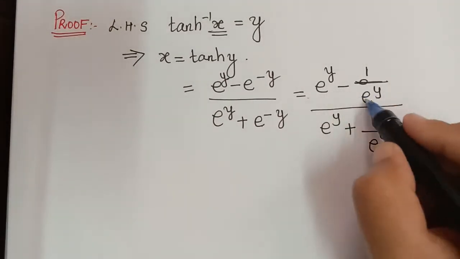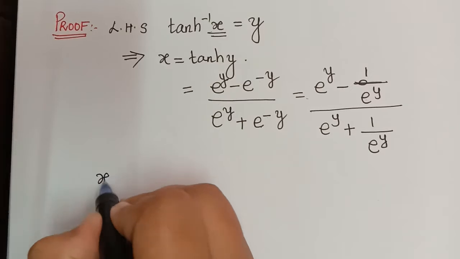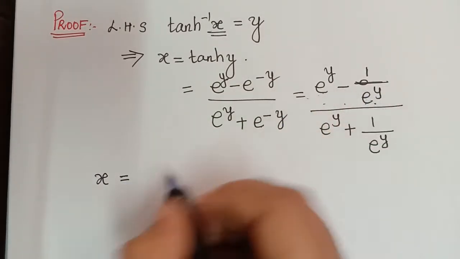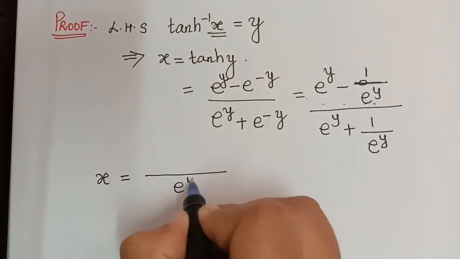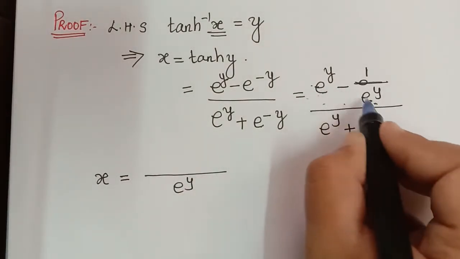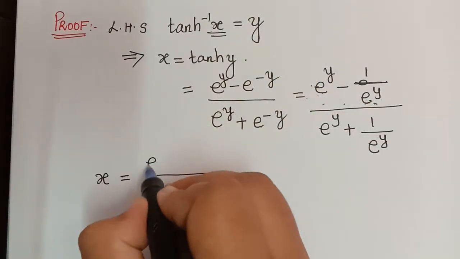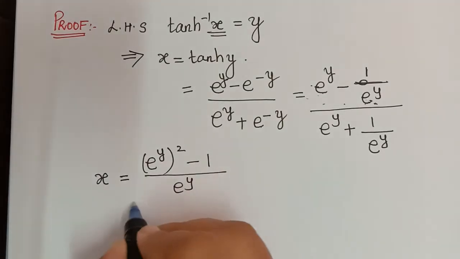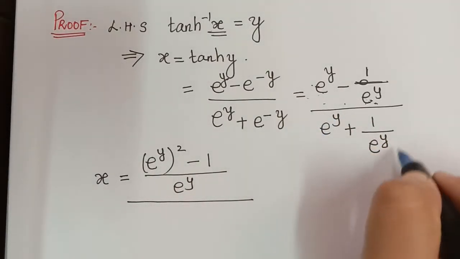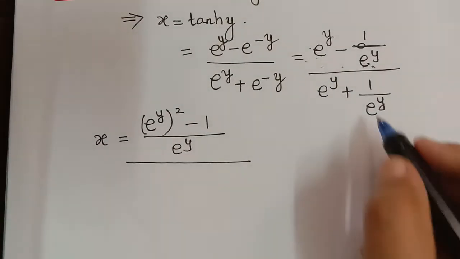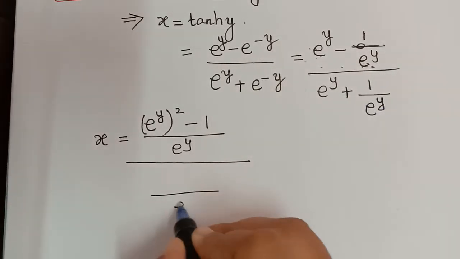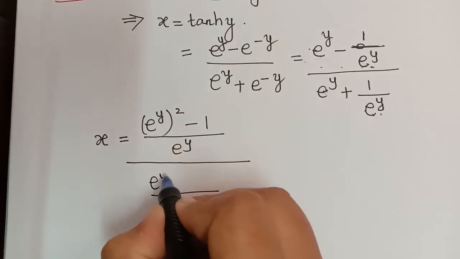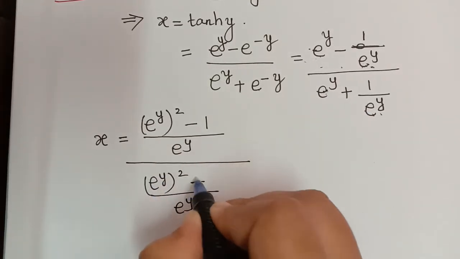Now we will take the LCM in the numerator, and so we get x equal to, what is the LCM over here? It is e power y. So we multiply this e power y along with this e power y, and so we get (e power y) the whole squared minus 1, divided by, here in the denominator also we take the LCM to be e power y, and we get (e power y) the whole squared plus 1.